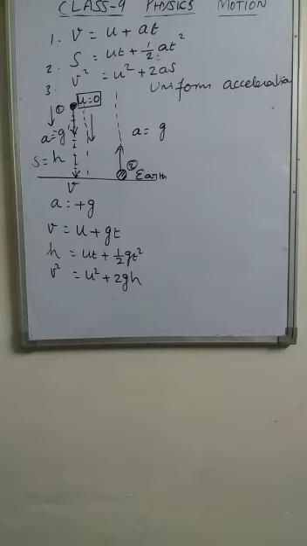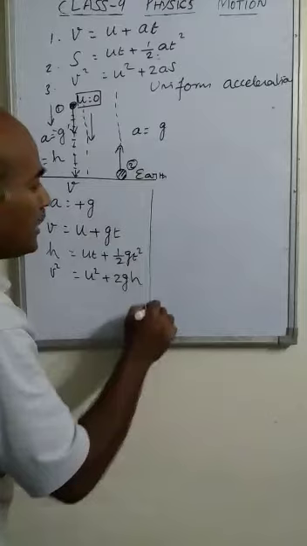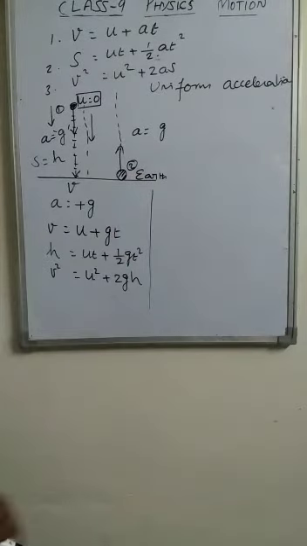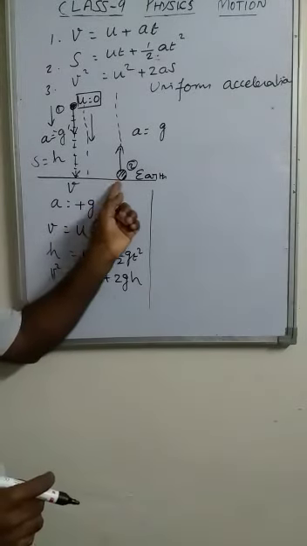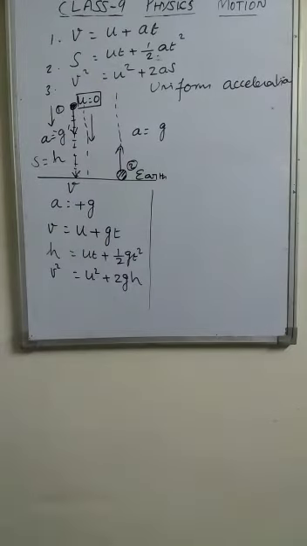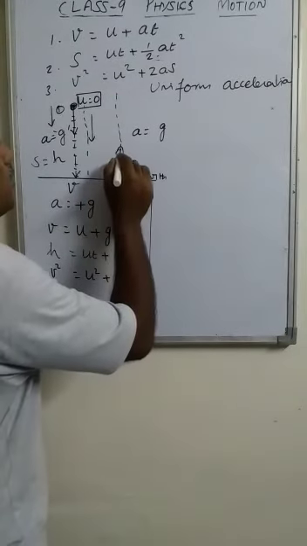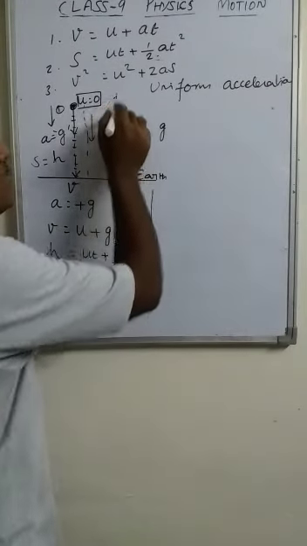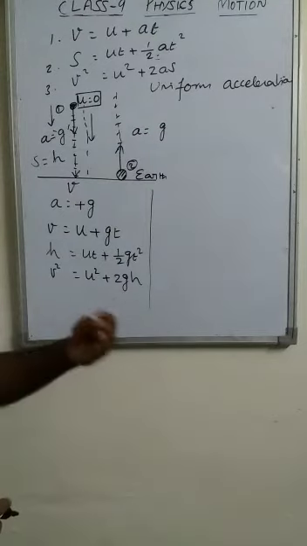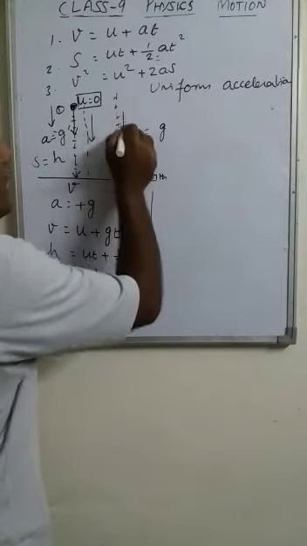Now coming to the next case. Here we throw the object vertically upward. So the object is moving vertically upward, and the change in velocity takes place vertically upward.